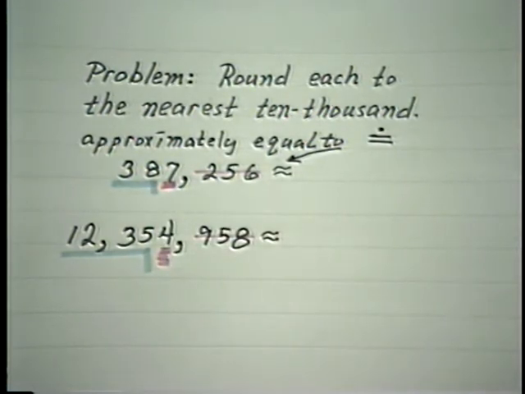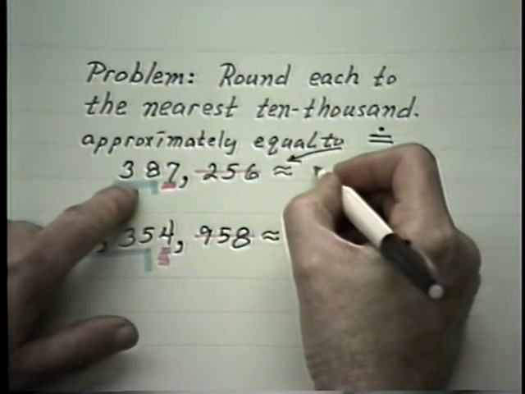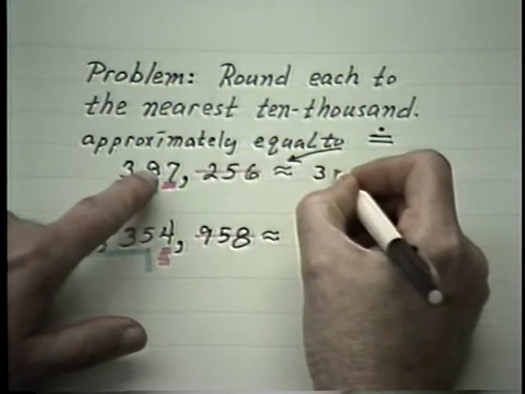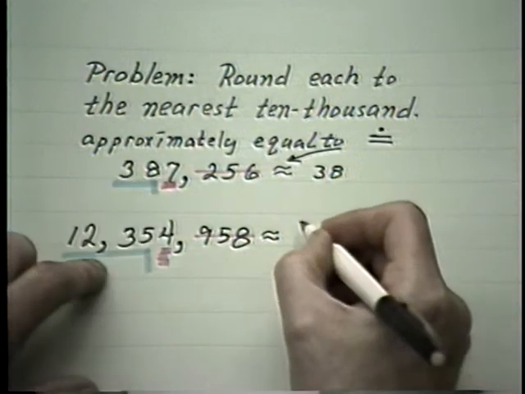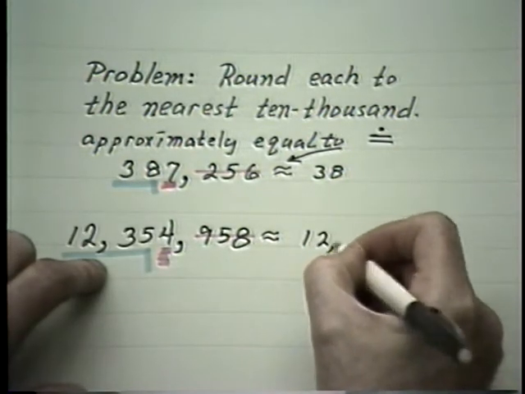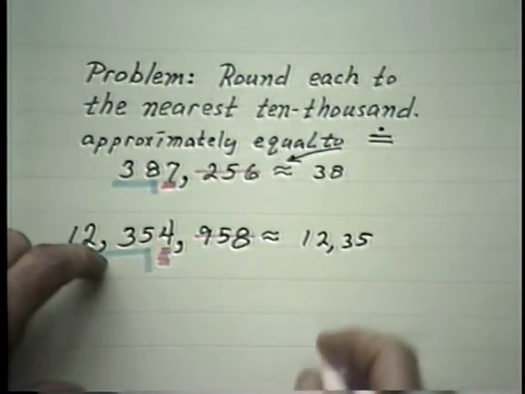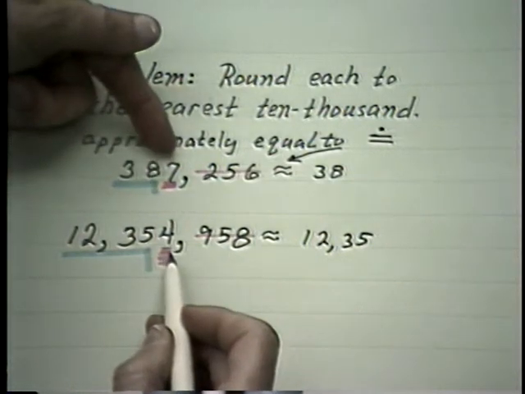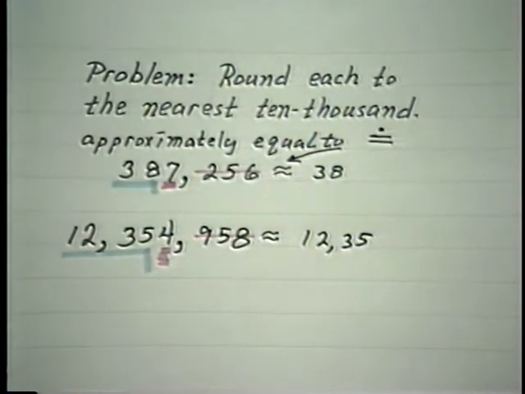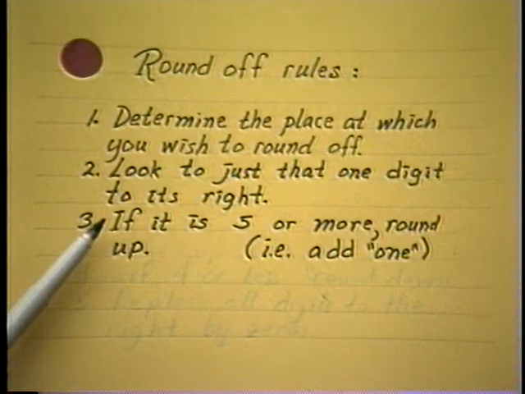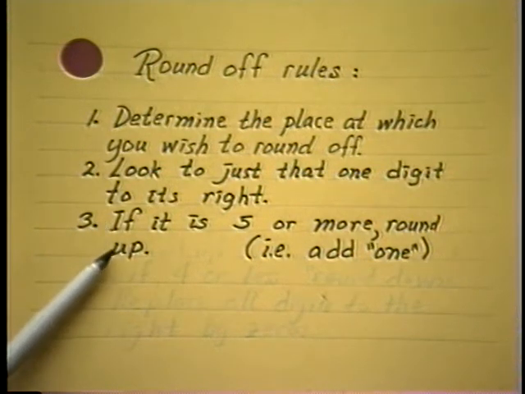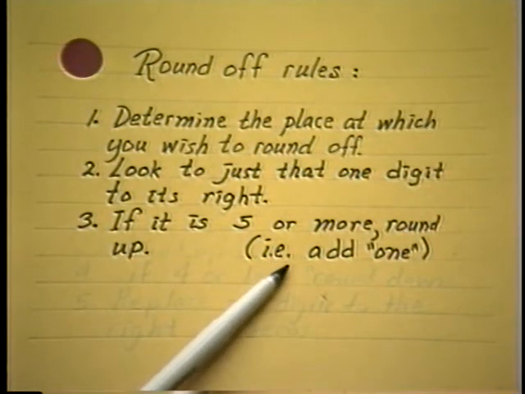Up to this point, that is the amount that we're going to keep, starting from the front, working back to the place at which we wish to round. Now looking at the digit to its immediate right, if it is 5 or more, round up. That is, add 1.